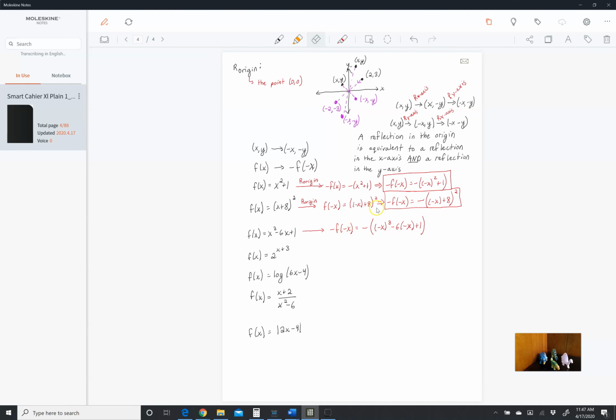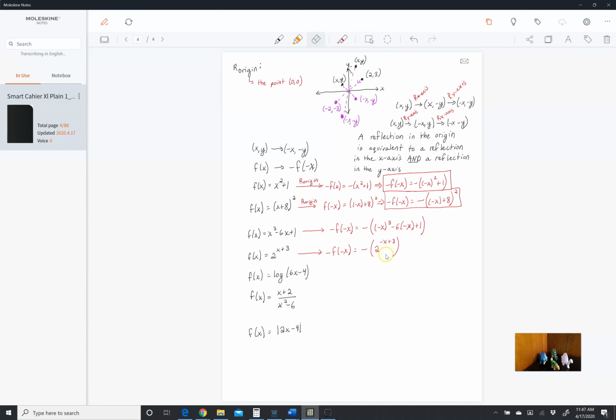Take a negative, open parentheses, because your whole function is going to go in there, and then every time you see an x, replace it with a negative x. Put a negative, open parentheses. Now you're going to put your function. Every time that you see an x, you replace it with a negative x.